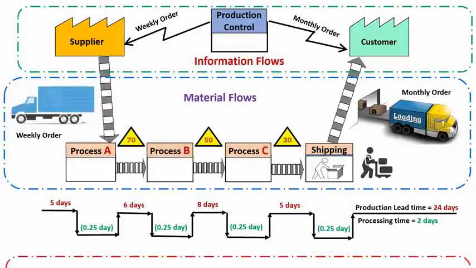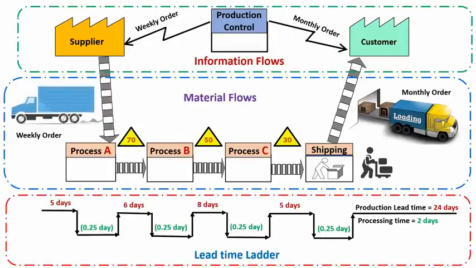The next section that we have is the time ladder. The time ladder provides a somewhat simplistic visual representation of time value. The upper portion of the time ladder represents the average amount of time the feature is taking. Suppose in this case process A is taking 0.25 days, and before that there is 5 days of waiting time. Between process A and process B there is a waiting time of 6 days, and then process B is taking 0.25 days.